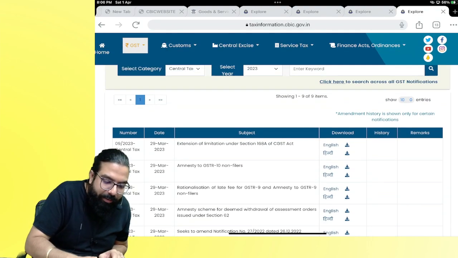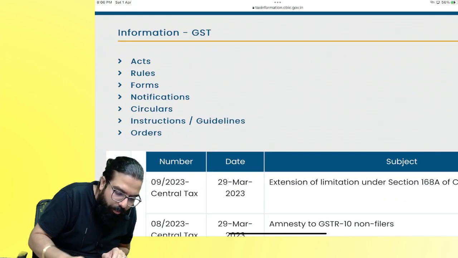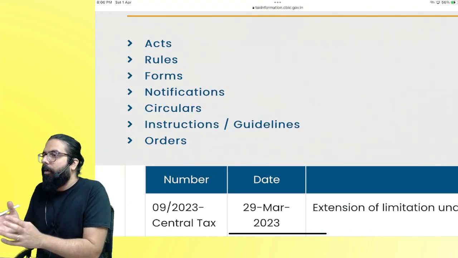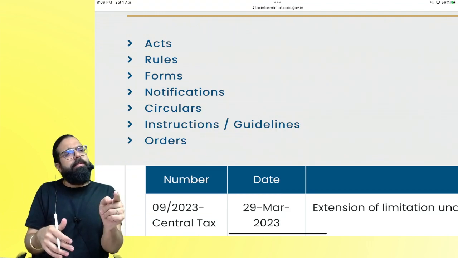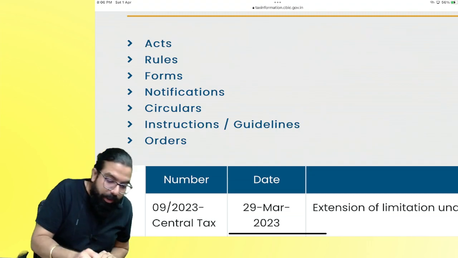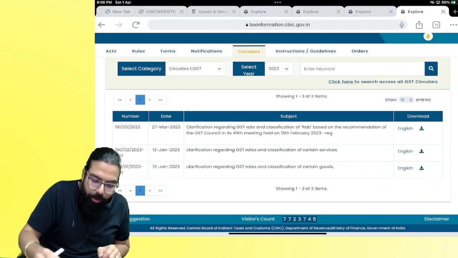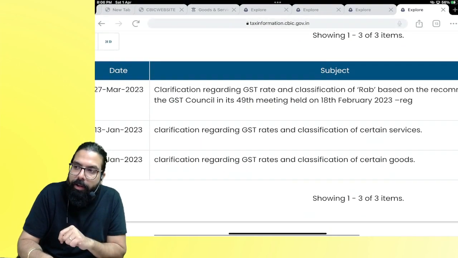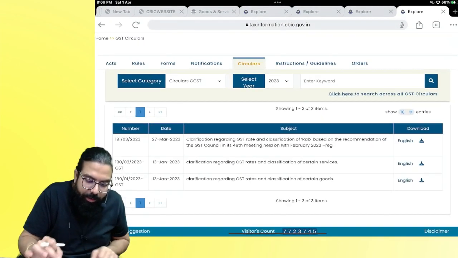So these are notifications. What is a circular? See, I'll show you a circular. People, don't you think these basics are required when you're studying IDT? From the next class onwards, we'll talk about the subject, but basics should always be clear. Sir, circular. See, clarification regarding GST rate, clarification regarding GST rate.